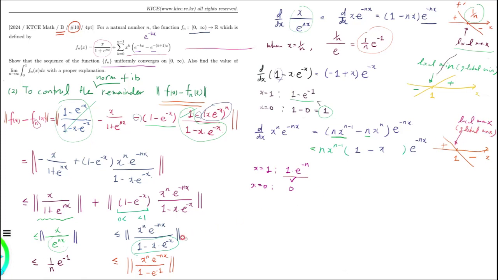So I can say that this norm is less than e to the minus nth power over 1 minus e to the minus 1 power here.